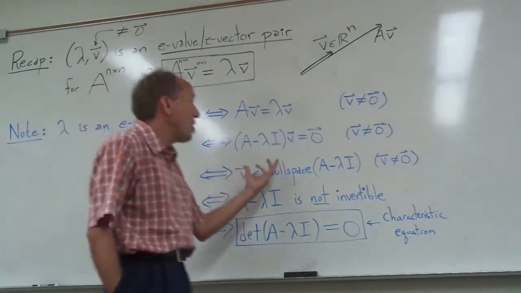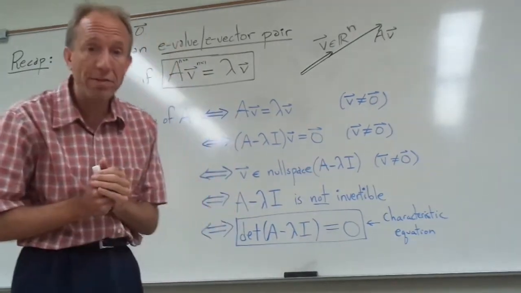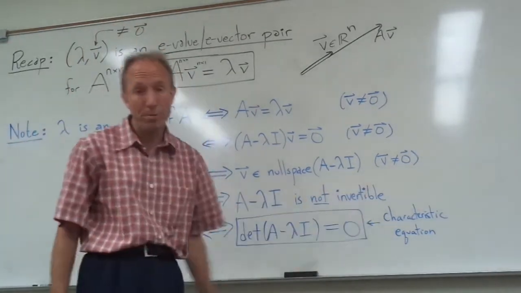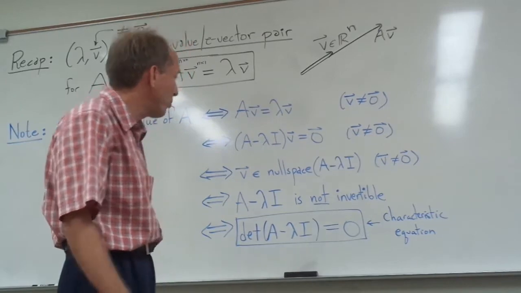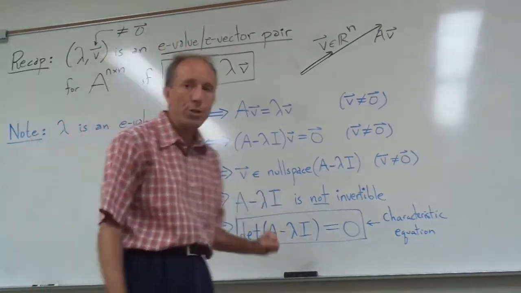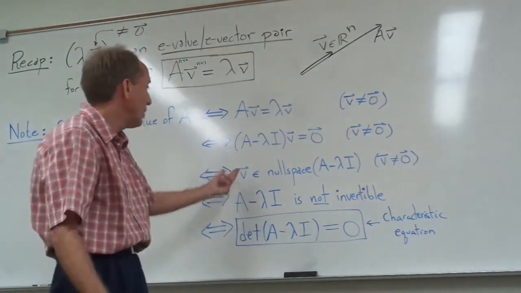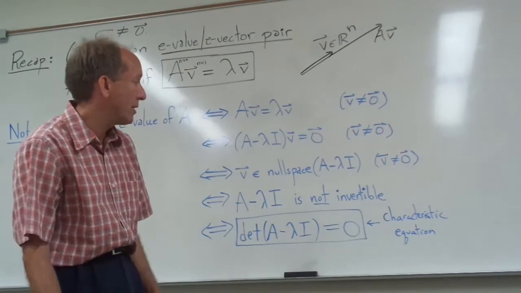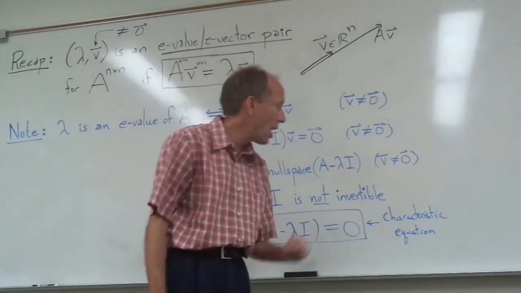Whenever you have a non-zero vector in the null space of a matrix, that matrix cannot be invertible. You can go back to the invertible matrix theorem and review that point. An invertible matrix has a trivial null space. So if there is an eigenvector in the null space, then A minus lambda I would not be invertible.